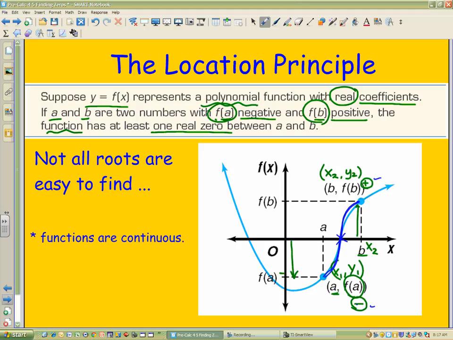If I'm going from negative down here up to positive, I have to cross over the x-axis because a function, remember, is continuous, meaning that we don't have to lift our pencil when we trace the graph of a continuous function. So the location principle assures us that if I have an output that's negative followed by an output that's positive, I'm definitely going to have a zero between those x locations.